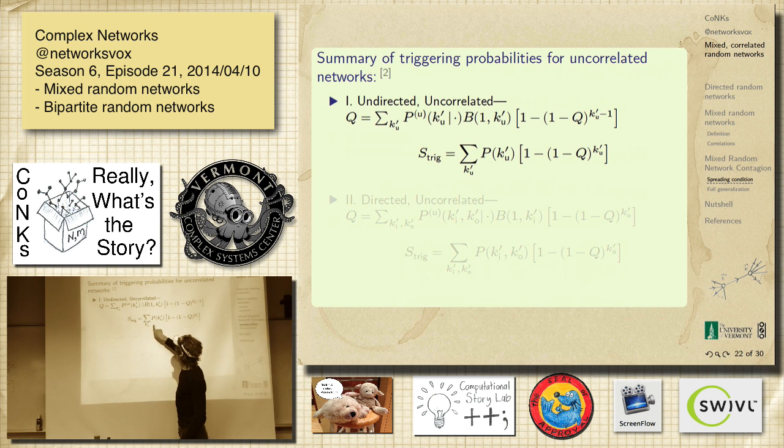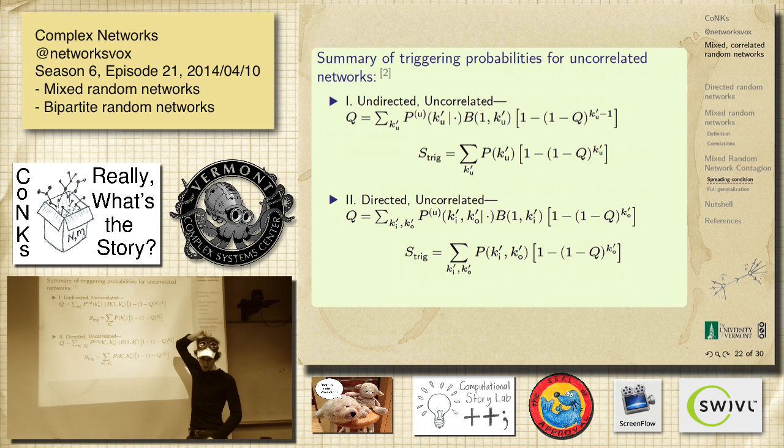So this is for an edge. Then the triggering probability is simply, given you randomly choose a node, that's this piece, then you have to have at least one of its edges pointing off to an infinite infected piece, which means that it starts the whole thing. Okay. So that's just for undirected ones.